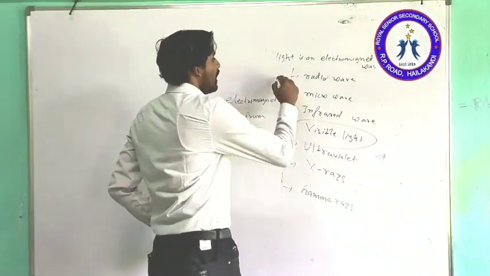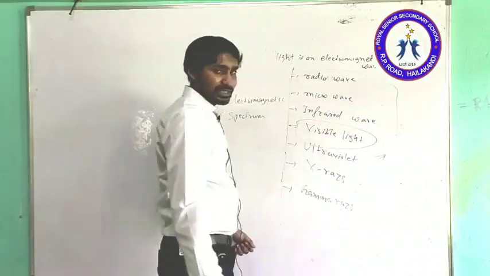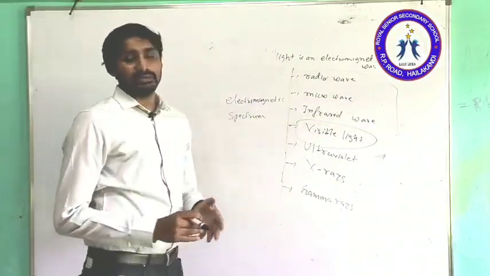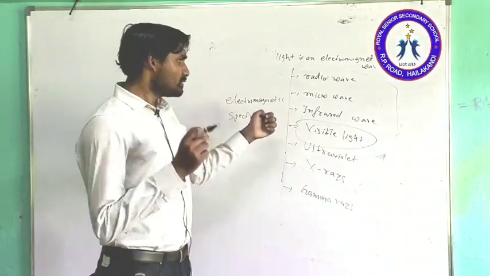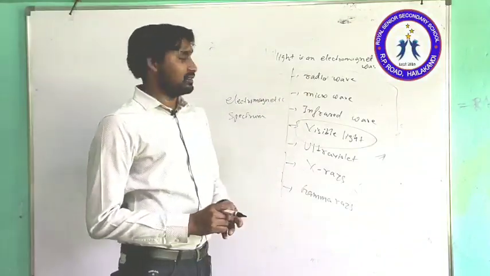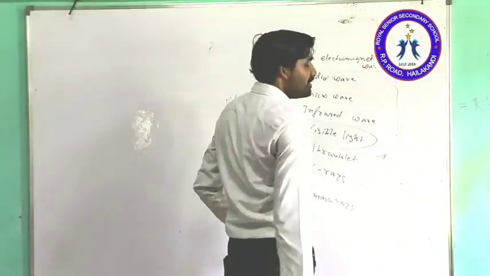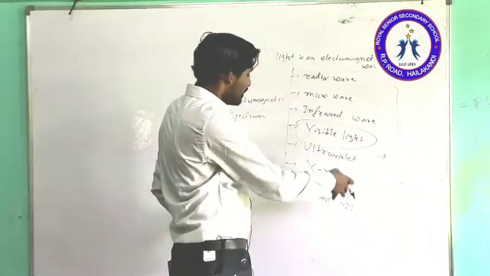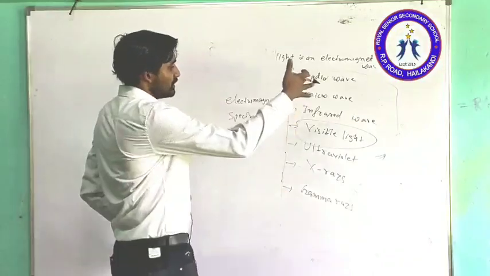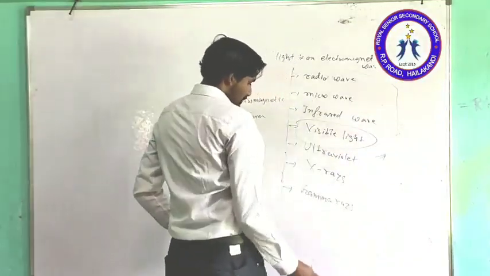Actually, how I have written all these things, I have classified them based on some parameter or dimension, and that is called wavelength. So I have written all these in terms of decreasing wavelength.